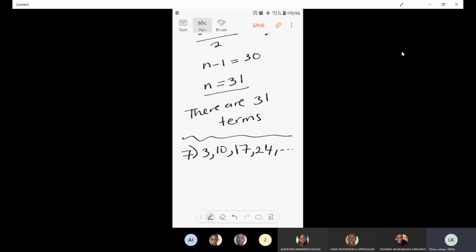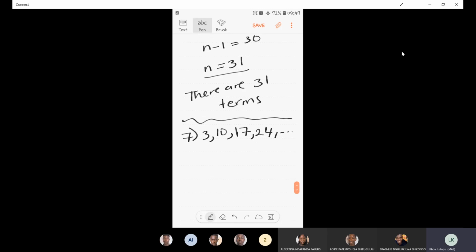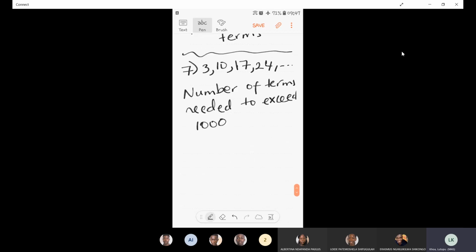So to do that, so this is just saying the number of terms needed to exceed 1000. Okay, so what we do over here, we're looking for n.